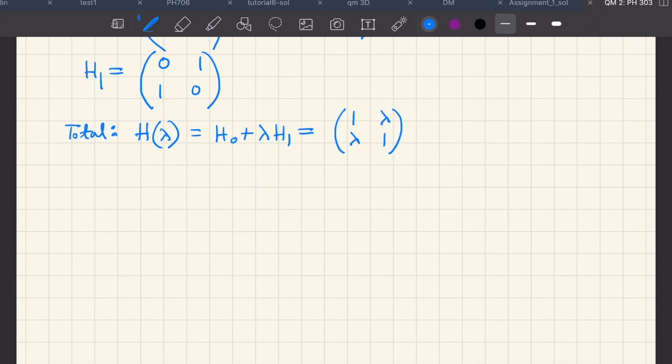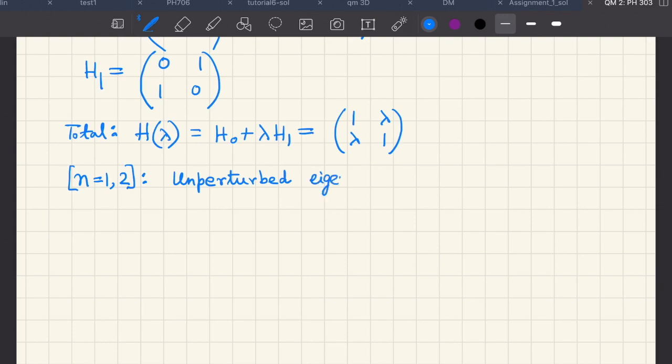Now one can use the labels n equal to 1 and 2. The unperturbed eigenstates we can write down. I am not showing the calculation because this is just a 2 cross 2 matrix and you know how to figure out the eigenstates, and on top of that it's just a diagonal matrix, so it is even easier.